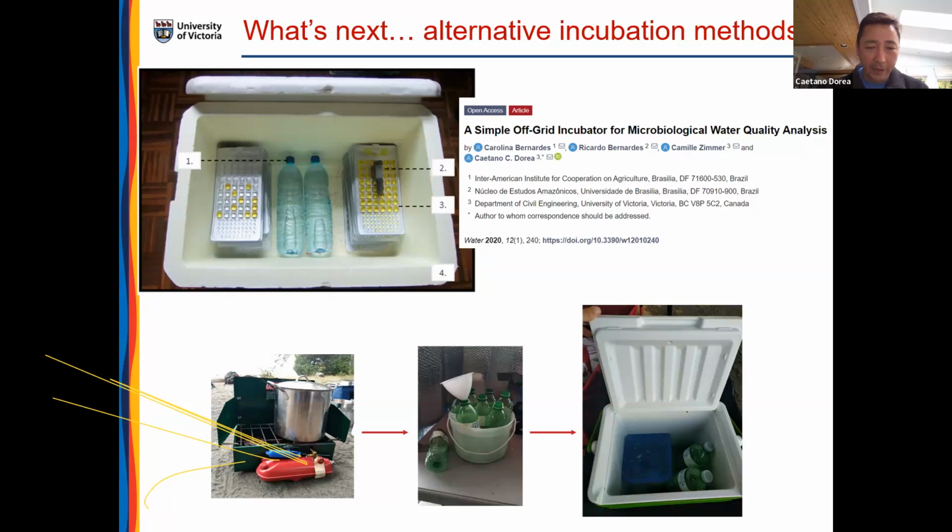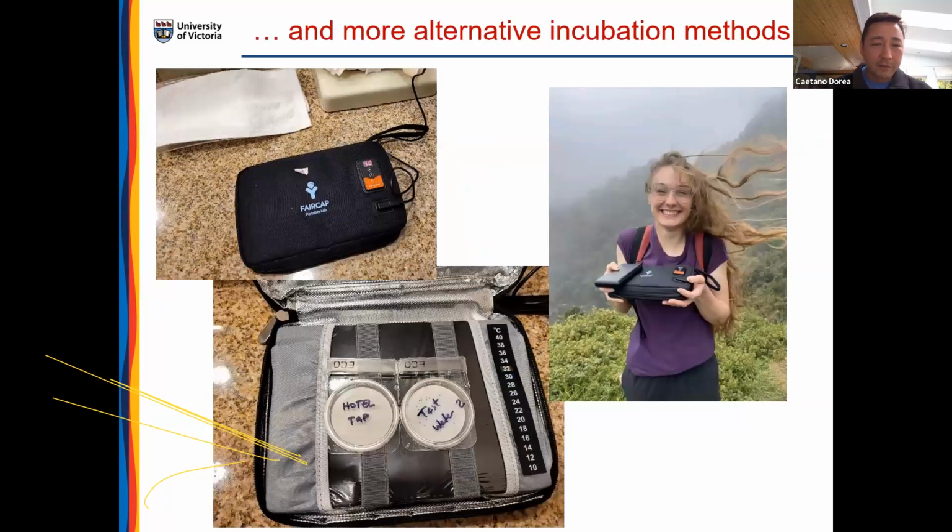And down here is the version that we did in some of our field work here on Vancouver Island. So boiling water, filling these water bottles and these coolers, and we managed to incubate samples overnight. Other alternatives are, we're working with FairCap, and here we have Rachel taking these incubators to new heights.